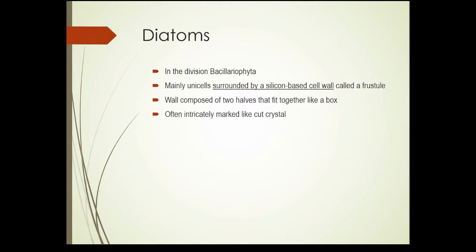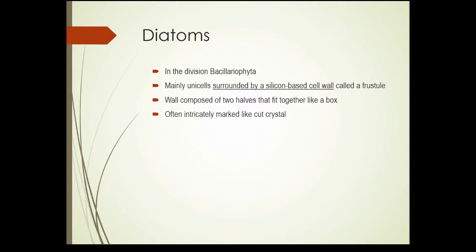The cell wall, as we saw, of the blue-green algae had a mucus surrounding the capsule, which had a cell wall consisting of 3 layers.